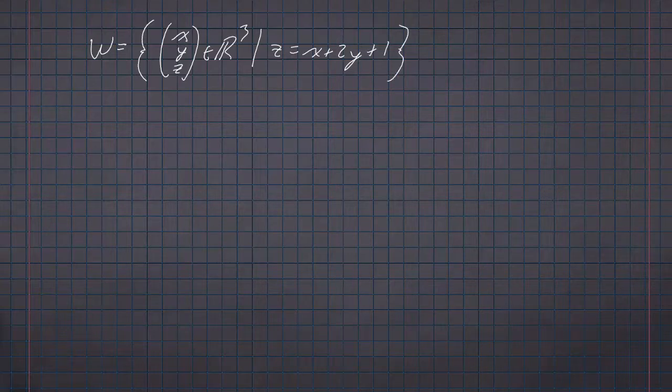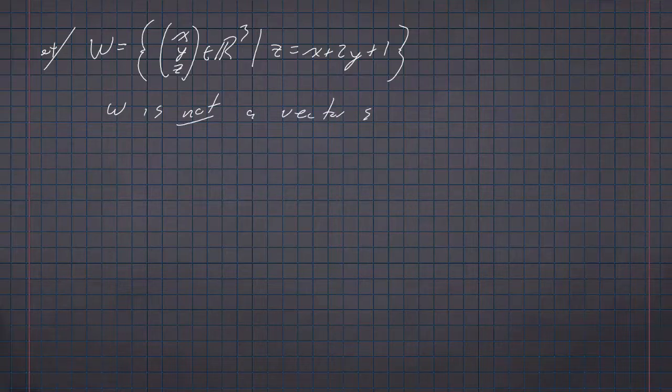Consider W, the set of all x, y, z, such that z is x plus 2y plus 1. Almost the exact same subset we were looking at before. But with just that slight change, all of a sudden, we no longer have a vector space.